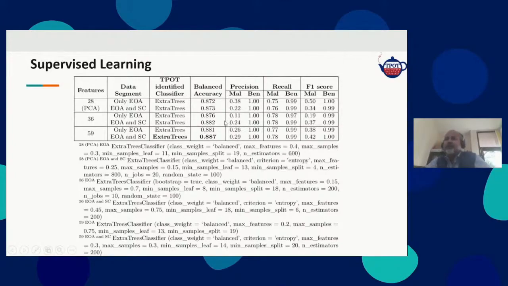Now, one thing I should also note is the recall values. Recall basically tells you how good we are in terms of false negatives, which means how many malicious accounts you are actually marking as benign.